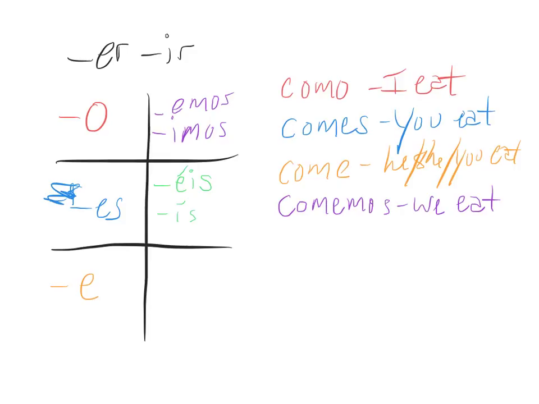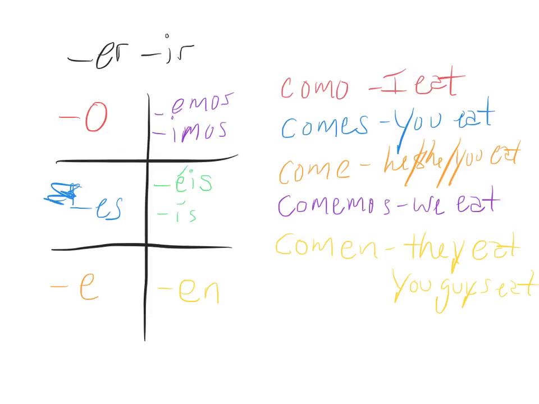Okay, so then there's the vosotros endings. And then down here, we're going to have the they or you guys endings. So we start with our verb, comen, and that is they eat, or it could also be you guys eat.